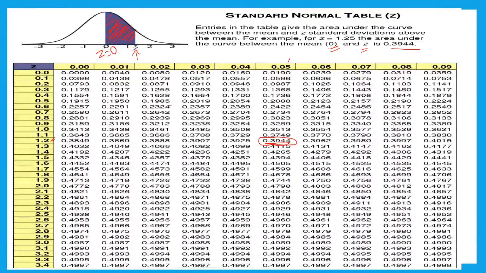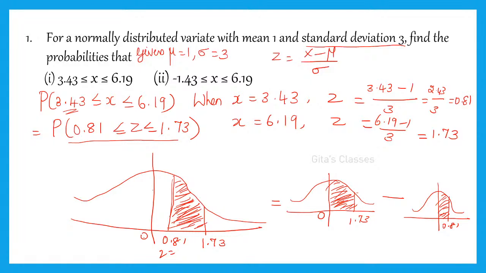So whatever area is given, first draw that region and try to express everything in terms of 0 to z. So I will find 0 to 1.73, and 0 to 0.81 we can find from the table. From 1.73, I will remove this particular area. That's what I have written here: 0 to 1.73 minus 0 to 0.81.